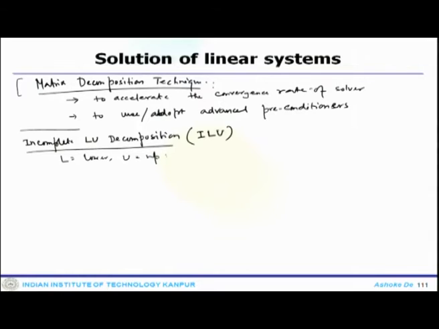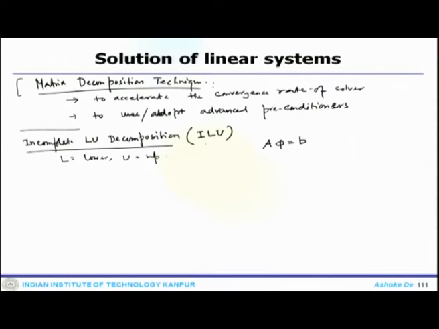Here L stands for lower triangular matrix, U stands for upper triangular matrix, and I is the identity matrix. So, one can do an incomplete ILU factorization of A, and the system that we are solving for is the same, A phi equals B, performed such that the resulting lower and upper matrices have the same non-zero elements.